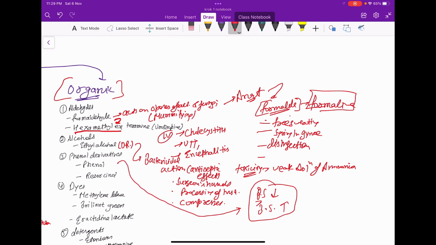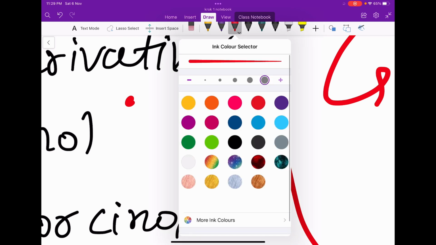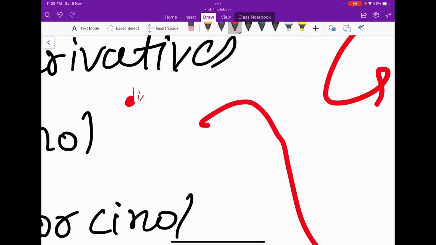Okay, guys, so the indications, let's write them here. Disinfection, otitis, thereafter some forms of rhinitis, thereafter infection of the oral mucosa.